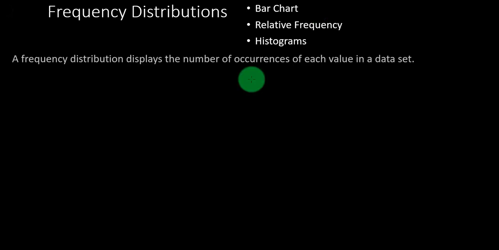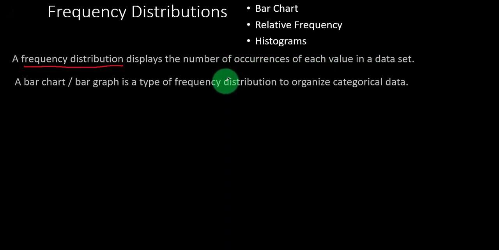So what is a frequency distribution? This is a graph or a table that will display how often, how frequently a particular value or category occurred in the data set. As you may remember, we've got categorical data and quantitative data.